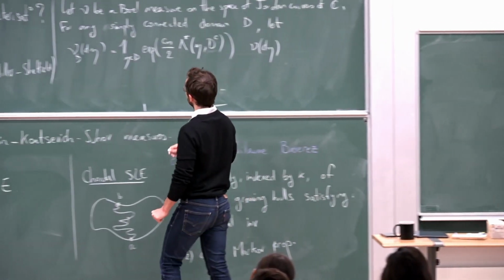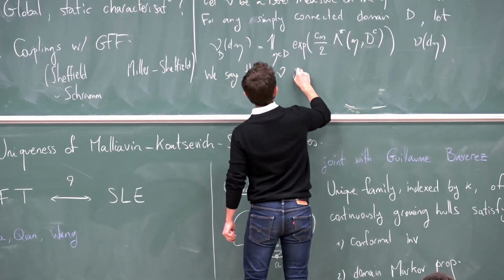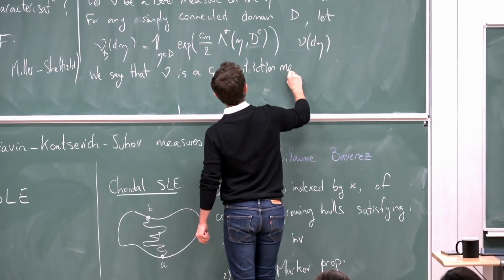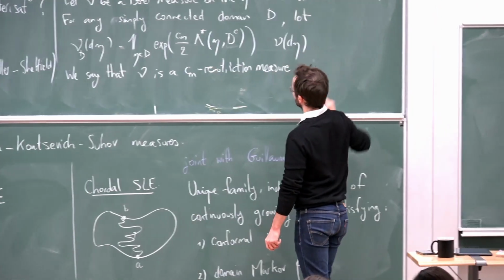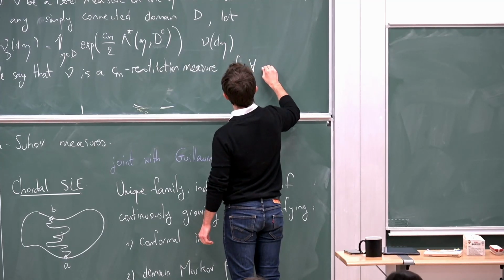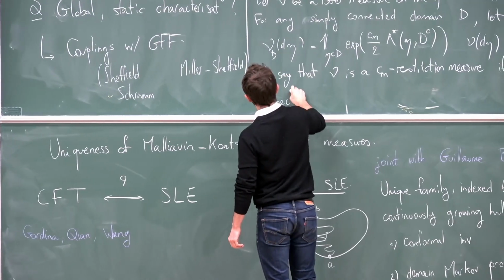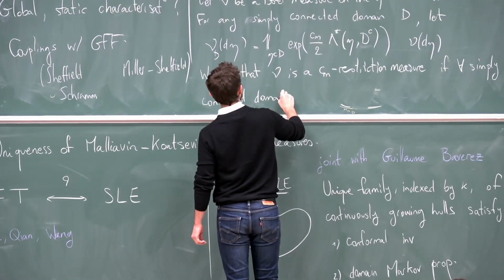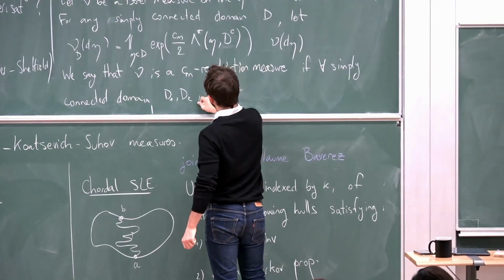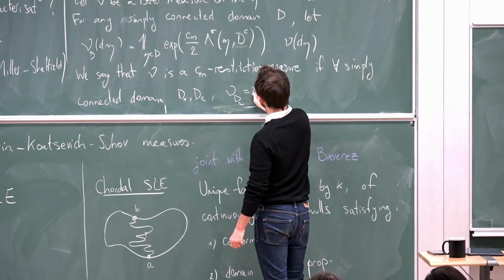And okay, so that's inside the definition, and so we say that nu is a Cm restriction measure on the space of Jordan curves if for all simply connected domains D1 and D2, nu_D2 can be obtained by pushing forward.